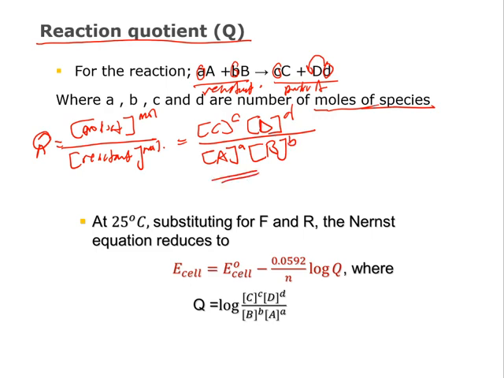And this is how we determine the reaction quotient. It's very simple and straightforward. The easiest way to write the Nernst equation is to get Q, but the responsibility that you have is basically on how to derive Q, and this is just what I'm showing you.